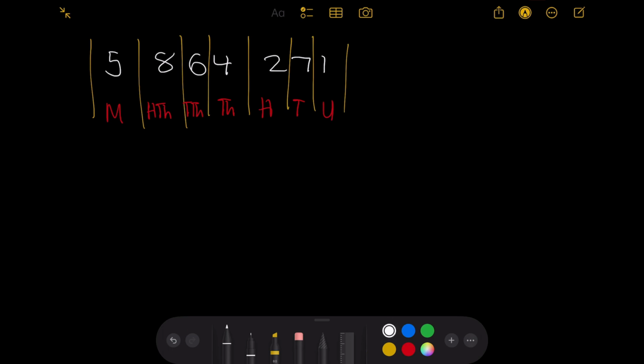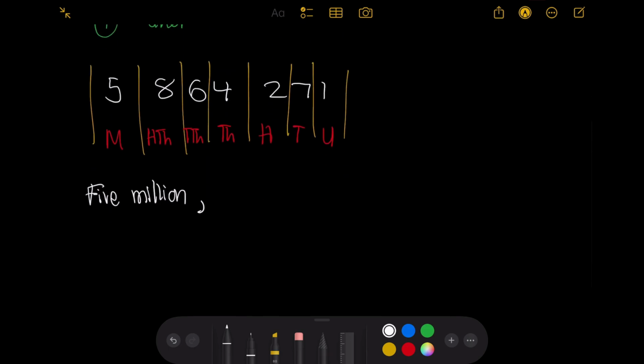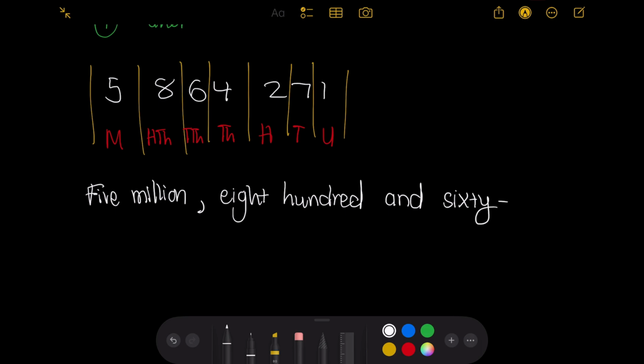So if you had to express this in words, you'd express it as 5 million, comma. You know that the 8 is 100,000. So even though you want to say 800,000, you know that this 6 and 4 also form part of thousands, right? So you say 800, and then you have 64, and you express that as 64.